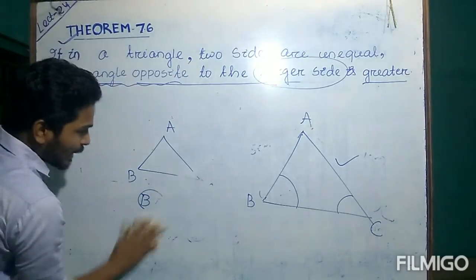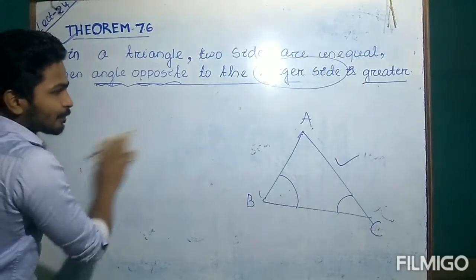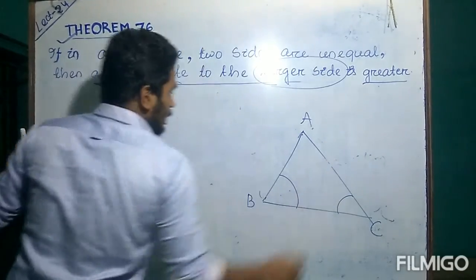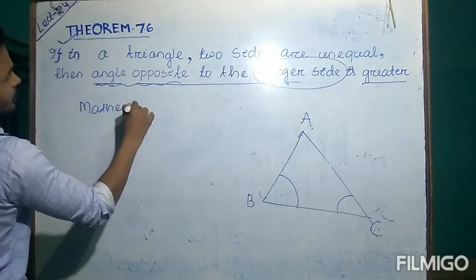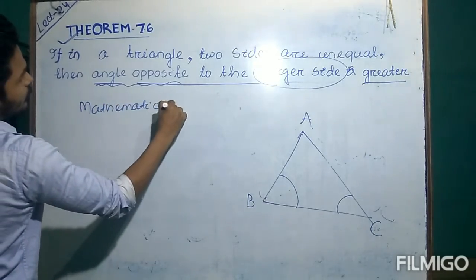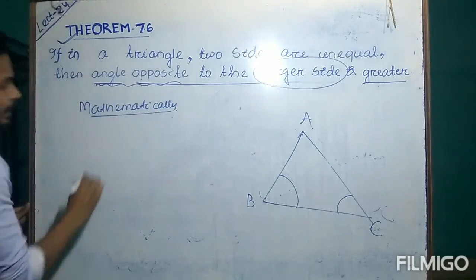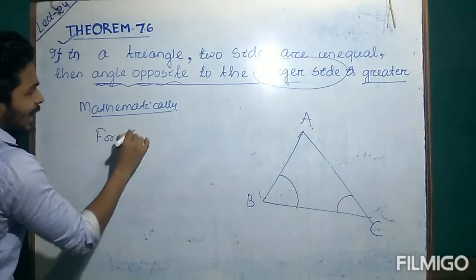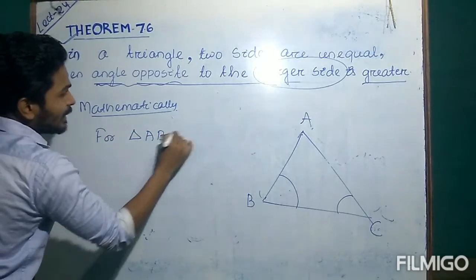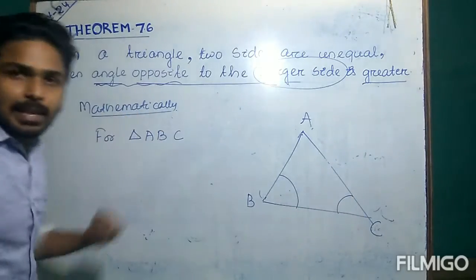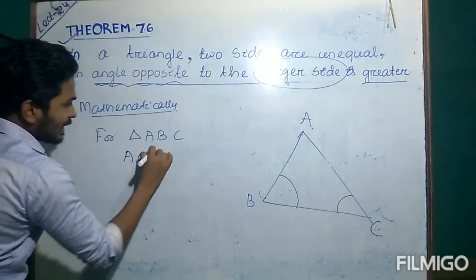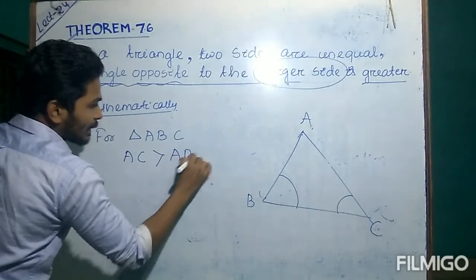So let us write it mathematically. For triangle ABC, we have taken AC side greater than AB side.